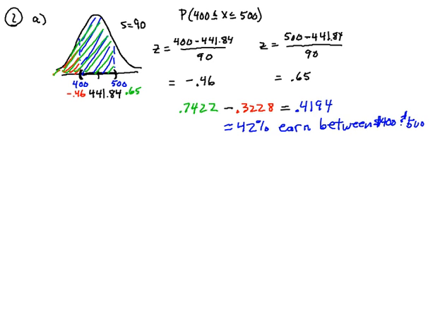Okay, for part B, again I have the same distribution centered at 441.84, standard deviation of 90, and I want, for a randomly selected production worker, what is the probability the worker earns less than $250 per week?